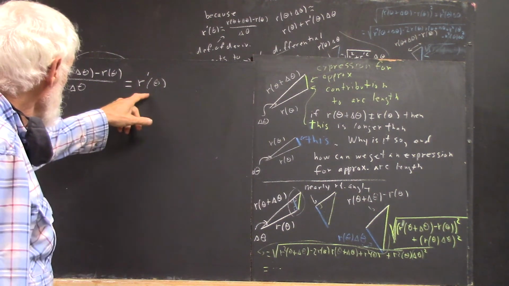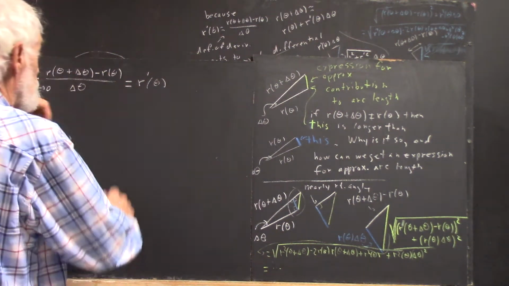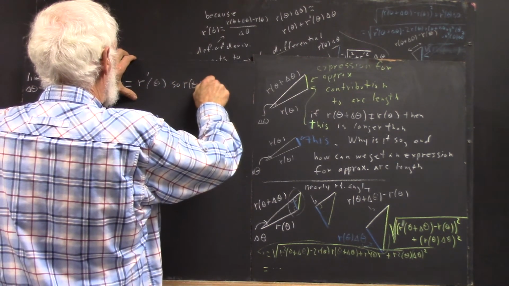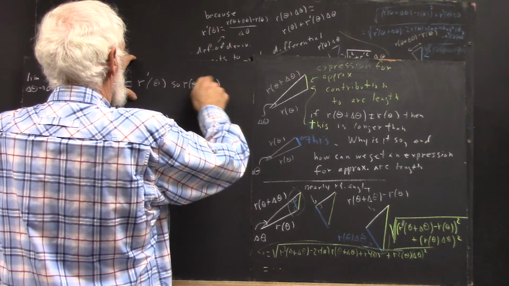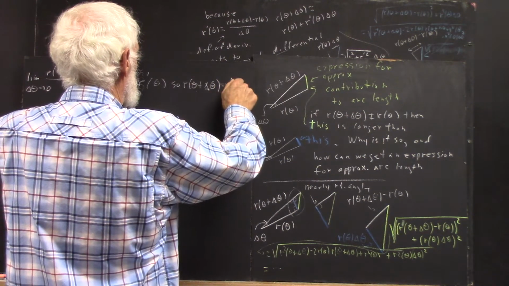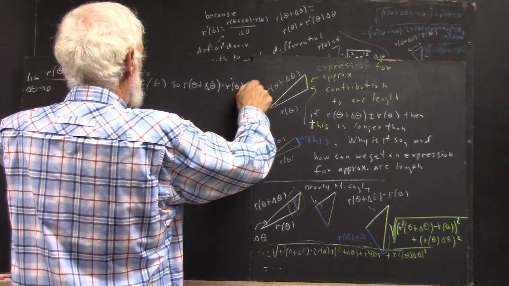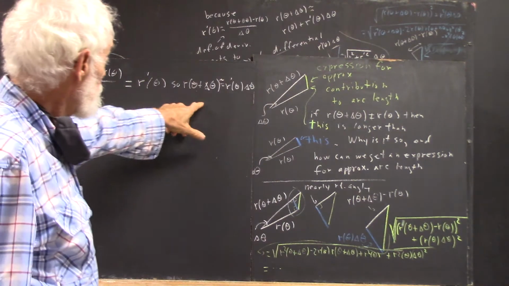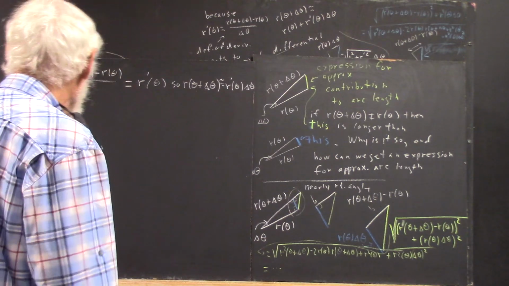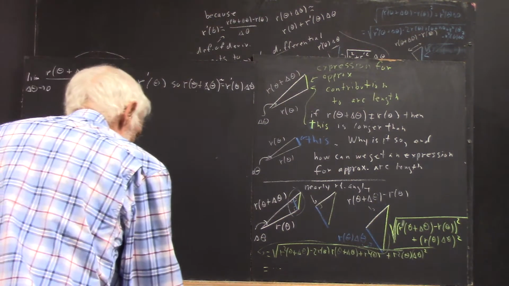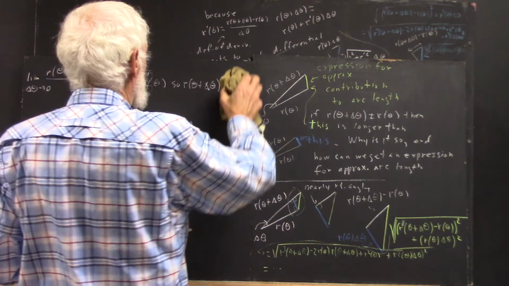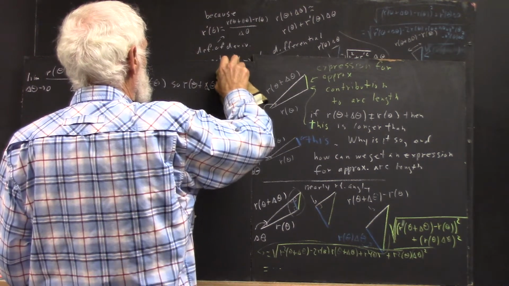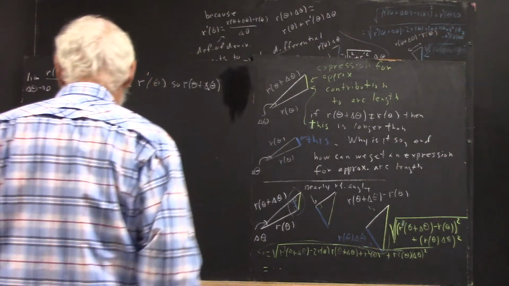So, we can take this and say that R of theta plus delta theta, I didn't write it all out, sorry. Trying to get it squeezed in there, so I just left half of it out.